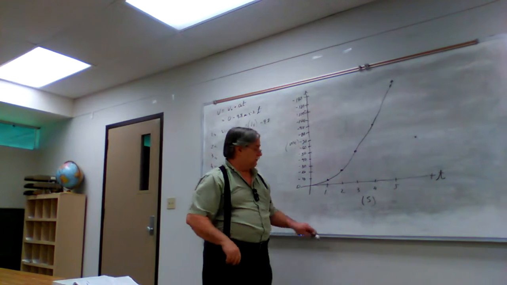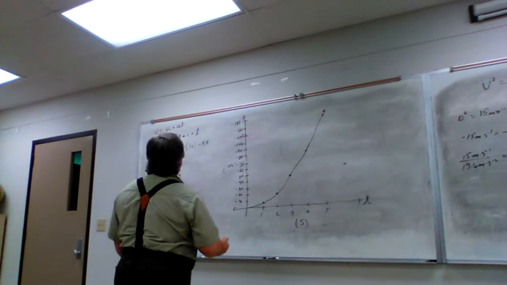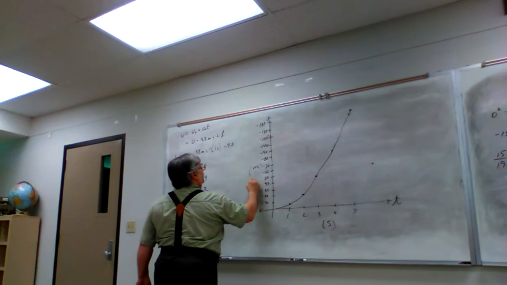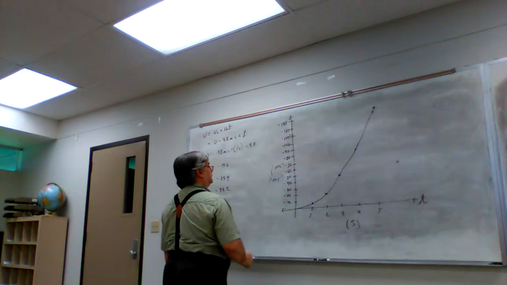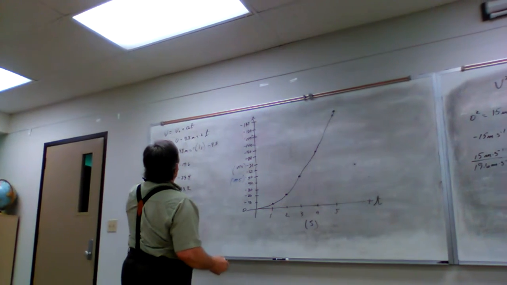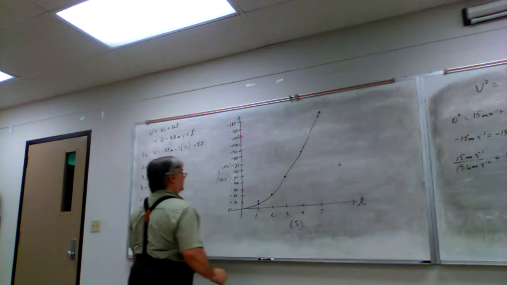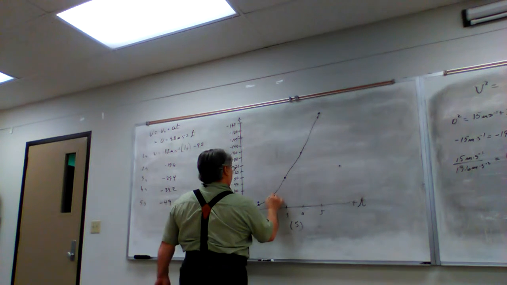Sorry about this, Shy, but I'm going to have to switch colors on you. Now for velocity, at 1 second, we're at 9.8. Right there. At 2 seconds, we're at 19.6.